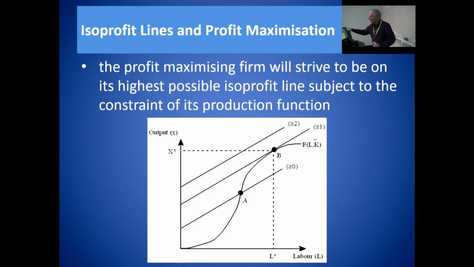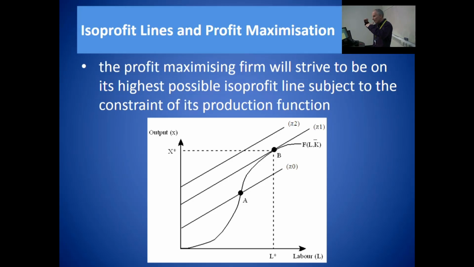But is that the best that the firm can do? Simple answer is no. Because the firm could reorganise its production, it could use even more labour, expand its workforce, and produce more output, and move from point A towards point B. And as it's moving along its production function towards point B, what do you notice about the iso-profit lines?